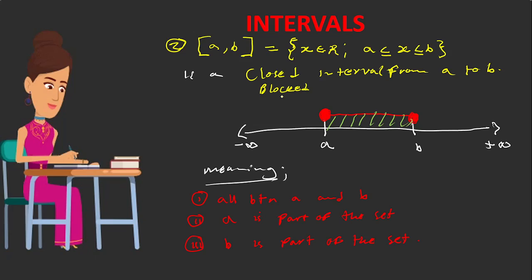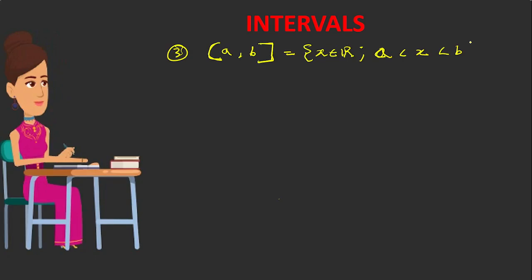So this one is open, this one is closed. So this one can be written as follows: X is a member of real numbers such that X is between A and B.